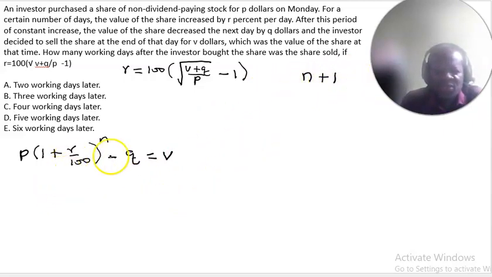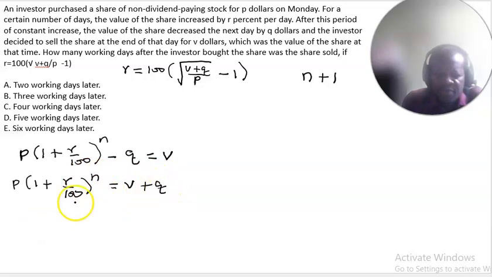So let's continue. So this becomes P in bracket 1 plus R over 100 raised to power n equals V plus Q. So we are going to make R the subject of the formula and then we compare it with this in order to find n. So that is what I'm trying to do now.